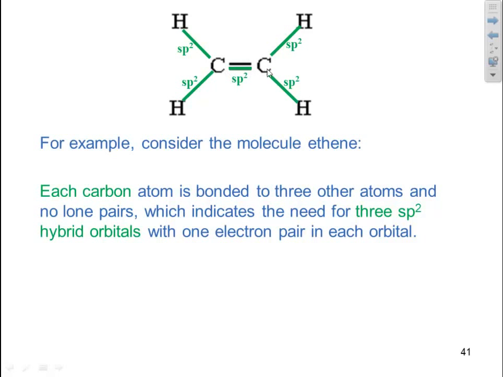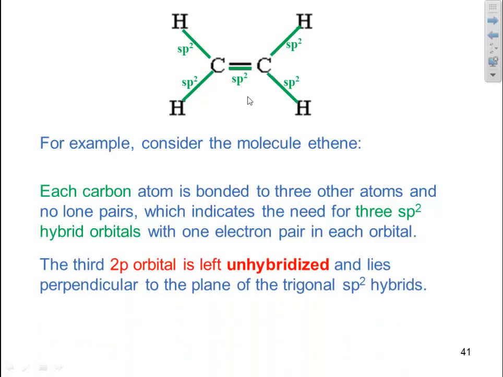Then the carbon-carbon double bond, one of the bonds is an sp2 overlap with an sp2 overlap. The other bond is unhybridized. The third 2p orbital is left unhybridized and lies perpendicular to the plane of the trigonal sp2 hybrids. So that is a regular 2p orbital, it hasn't been hybridized.